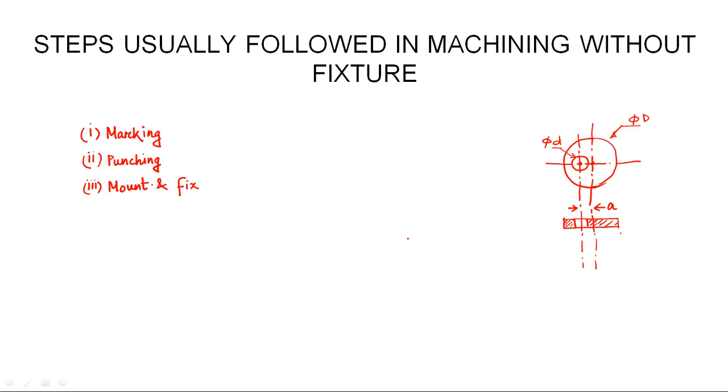After holding it in the vise, we also have to provide sufficient support to the workpiece, and we have to use clamps to hold the job. After providing all these things, next we have to align, because as it is a hole, we can make it with the help of a drill. The center of the drill should be aligned with the axis of the hole. Suppose this one is our drill.